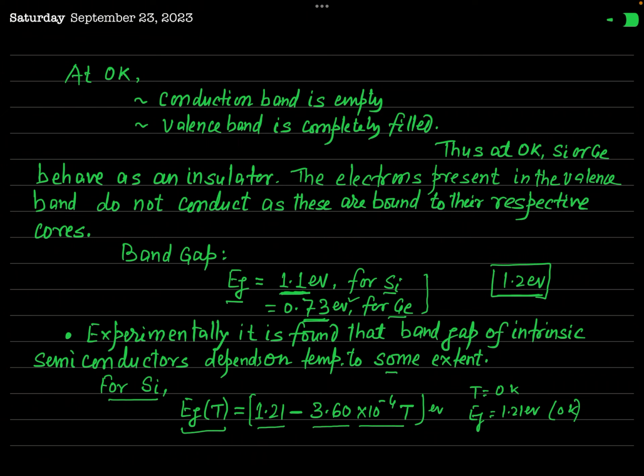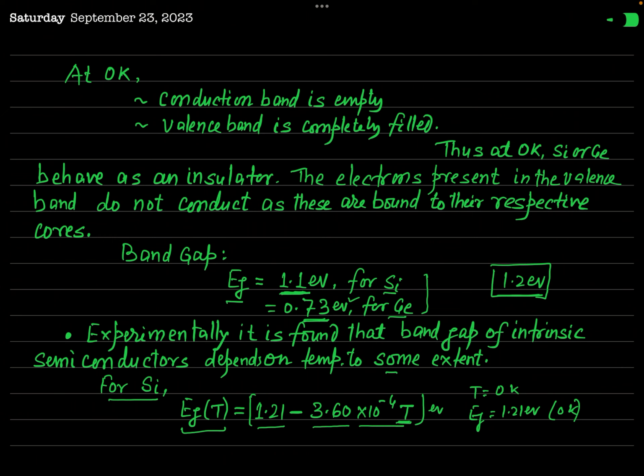I have not derived this result, but as I told you earlier, these results will be derived and discussed by a more rigorous method in our forthcoming lecture. I have written it here directly. So you can see this Eg depends on temperature, and with increase in temperature, as there is a minus sign, you can see the band gap will decrease almost linearly.